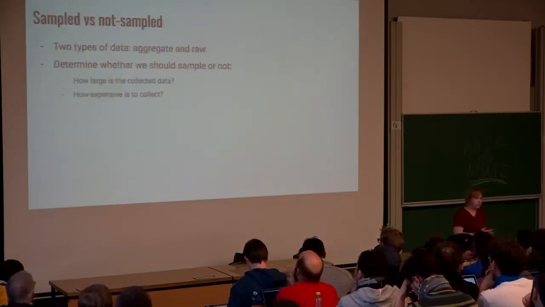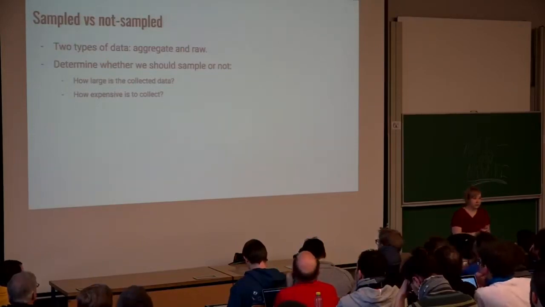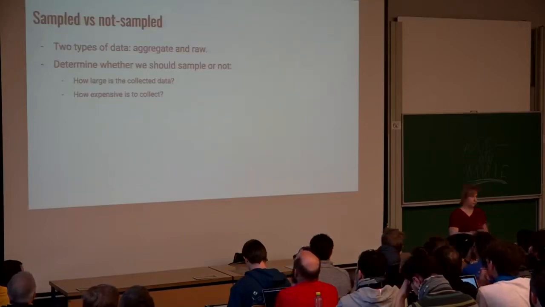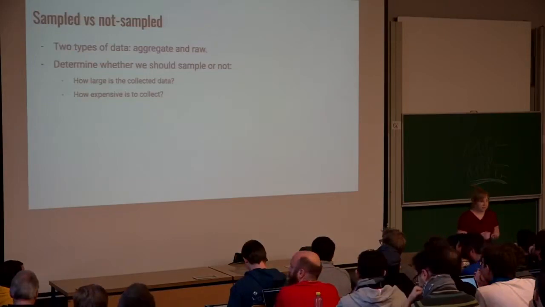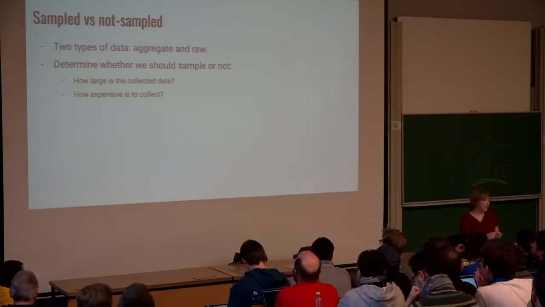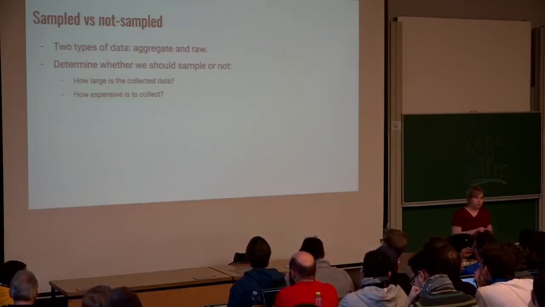We sample expensive and large data. Everything that is cheap to collect and aggregatable usually doesn't have to be sampled. Examples of sampled signals are traces, because they are very big, and profiles, because they are very expensive. On the other hand, we aggregate data in efficient ways to produce cheap and small data to avoid sampling.